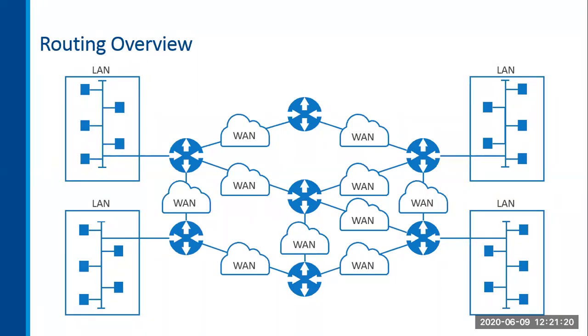The airline only cares to drop us from one airport to another airport with our luggage more or less in one piece. So routers help our data get from one network to another network. But within the network, how to get to the right device is the switch's job. The router's job is to get us from one network to another. They figure out the best path to get our data from one network to another.